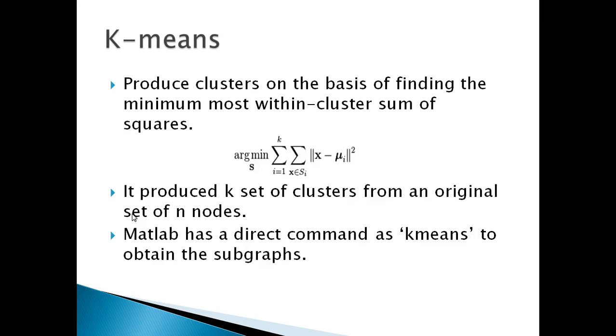Mu i is the mean, and say we have k clusters. S represents a cluster, and x is the point or node from the original points. So what we are doing is getting k clusters from the original nodes. How do we implement this? Well, MATLAB has a straightforward command called kmeans, which you put into the command window, and we get the clusters.